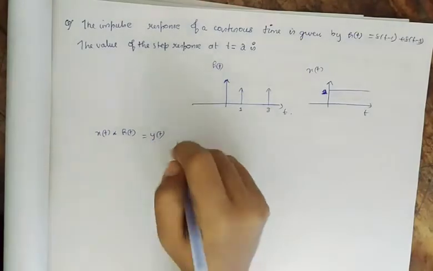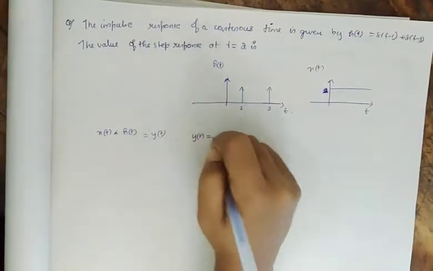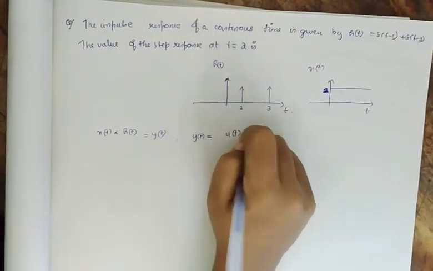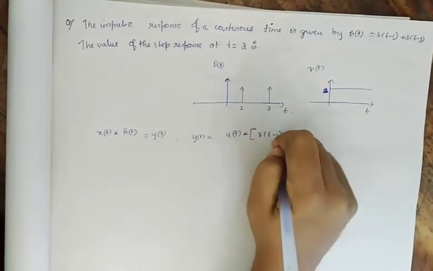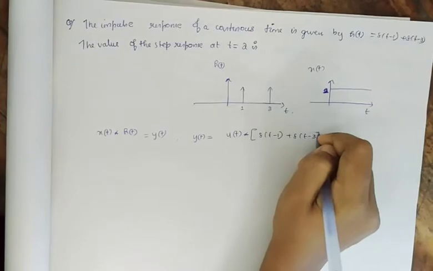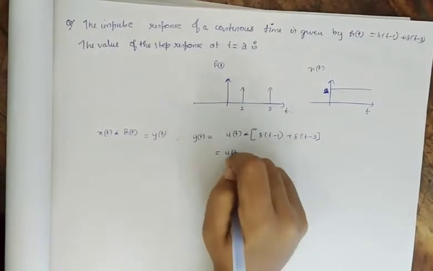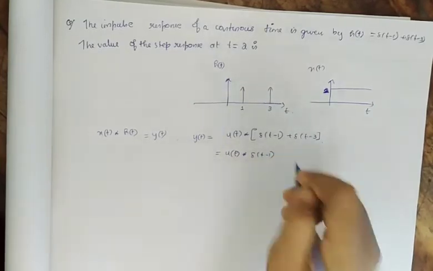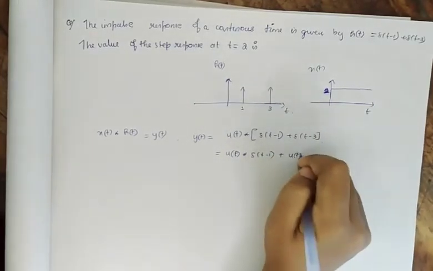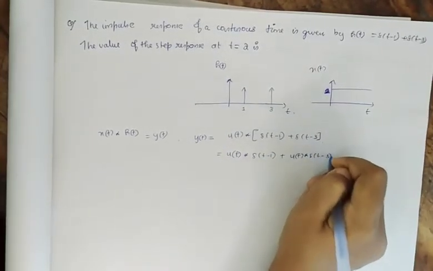So y of t equals u of t convolution delta of t minus 1 plus delta of t minus 3. Opening the bracket, we get u of t convolution delta of t minus 1 plus u of t convolution delta of t minus 3.